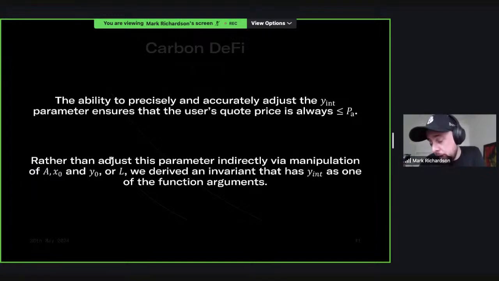In order to get the error down to 0 in a system like Carbon DeFi, where we're no longer in an AMM and these price boundaries are arbitrary, set by users, and we've got all of these edge cases and things to deal with, we needed to find a very clever, very direct way, a very simple way, to make sure that the prices update correctly, and that they always update without a calculation being performed.